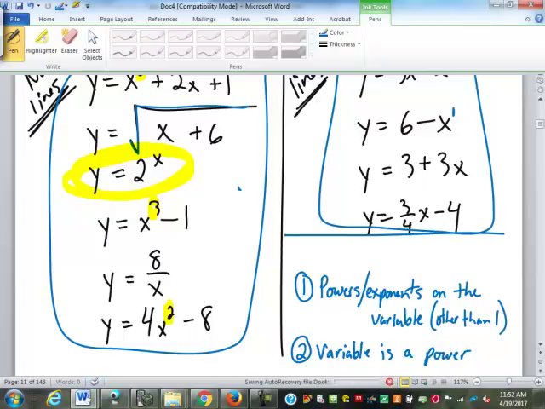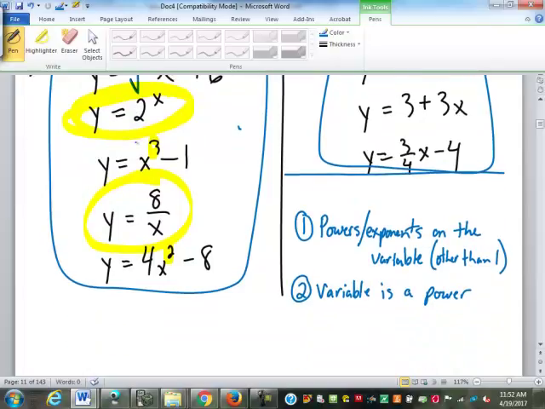And then finally, this last one here, y equals 8 over x. You could actually think of that as 8 times x to the power of negative 1. So you think of that as being a power on x other than 1. Well, we'll address that one specifically, as you cannot divide by x.